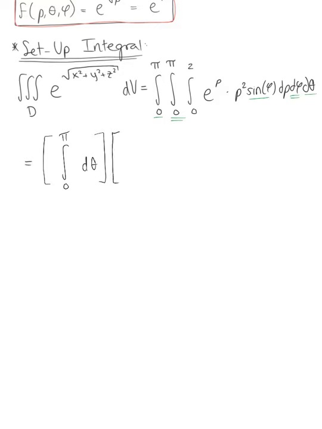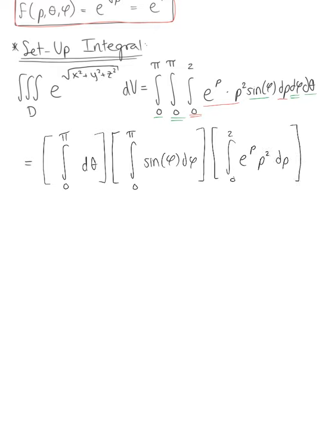So this is multiplied by the integral from 0 to pi of sine of phi d phi. And then last but not least, we have the inner integral, which is with respect to rho. Grouping all those terms together, we have the integral from 0 to 2 of the natural exponential raised to the rho times rho squared d rho. And we're ready to start evaluating.